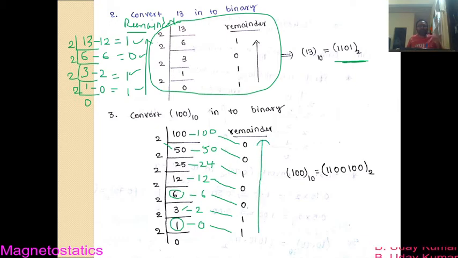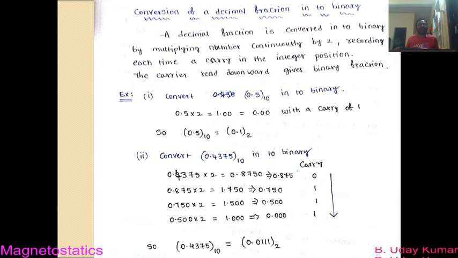So since you have to take it in reverse order, what do you get? 1 1 0 0 1 0 0. So that is what you get. So this is the binary number that is converted. Okay, so I hope it is clear to you. So let us move on to our next thing.